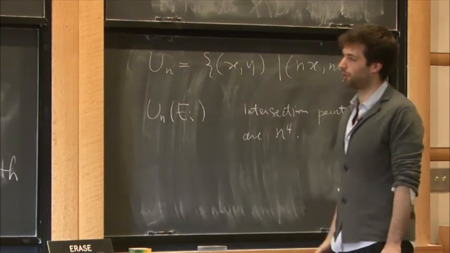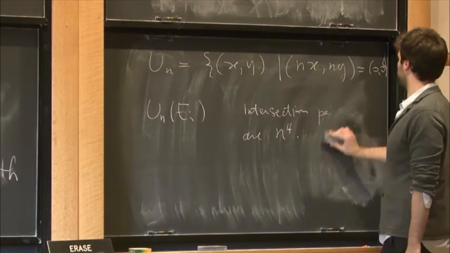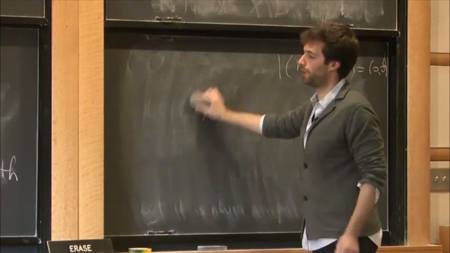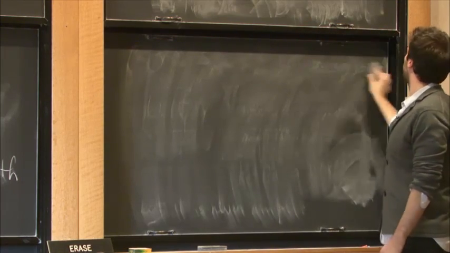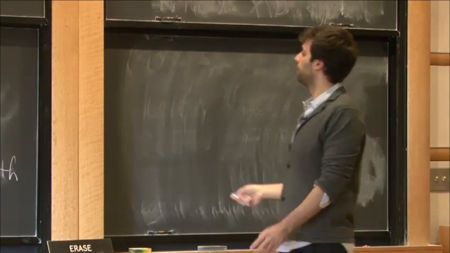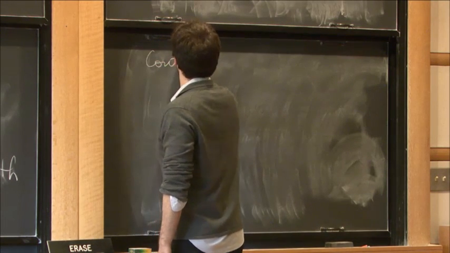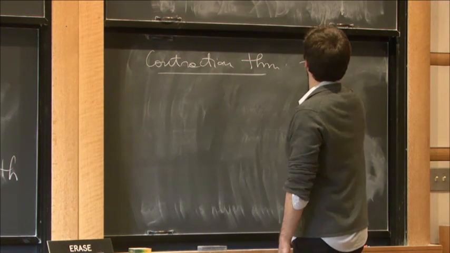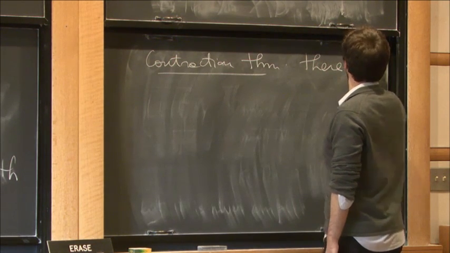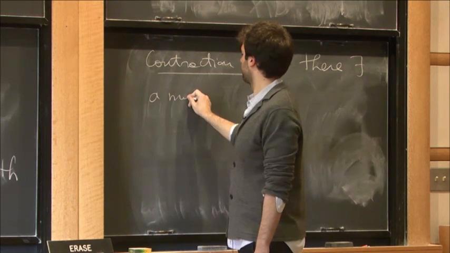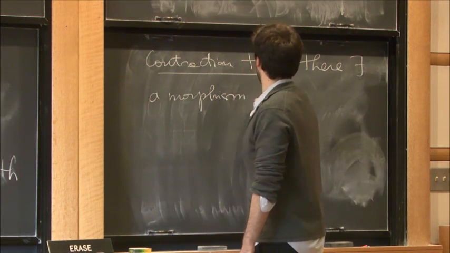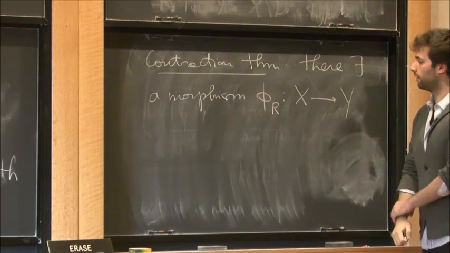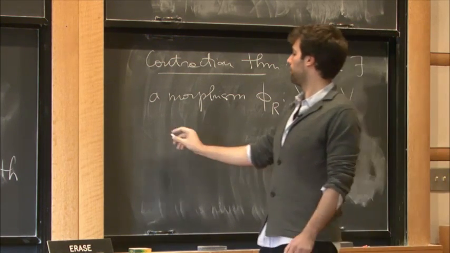And the other thing that I need is the contraction theorem, which is usually considered part of the cone theorem, that says that I can actually contract negative extremal rays. That's the contraction theorem. So there exists a morphism phi_R from X to Y, with connected fibers.